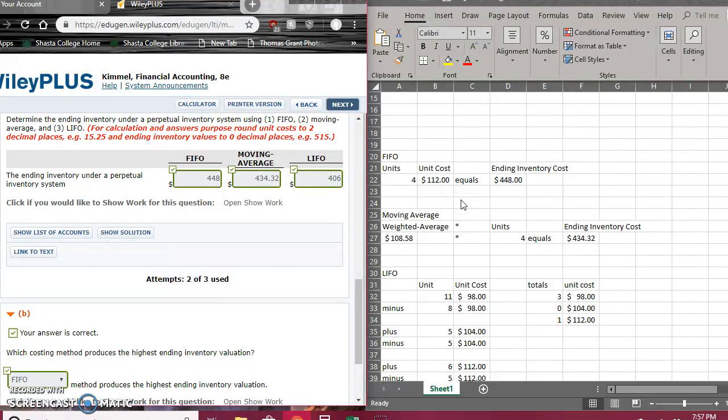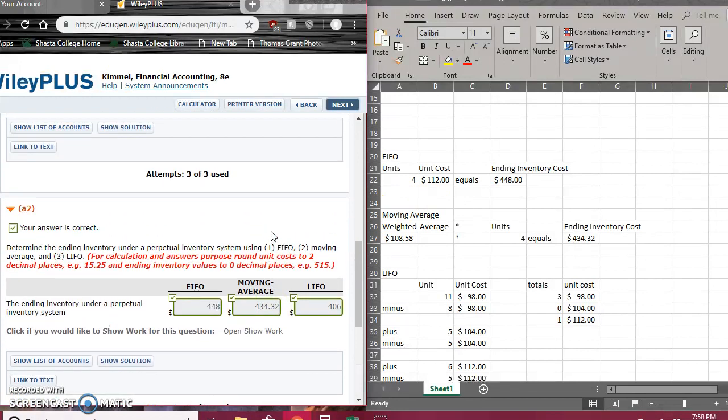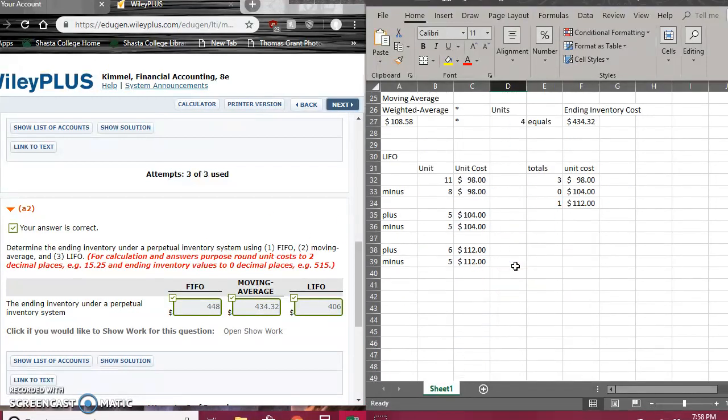So LIFO is where it gets tricky, at least for me. So to figure out LIFO, we have to take the unit cost of the earliest goods available for sale and work forward until all of inventory has been costed. So we start with 11 units at $98. Then we sold 8 of those units.